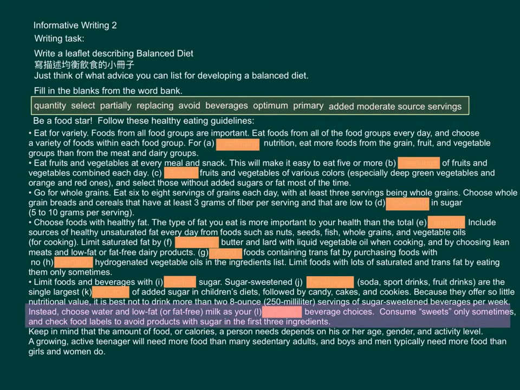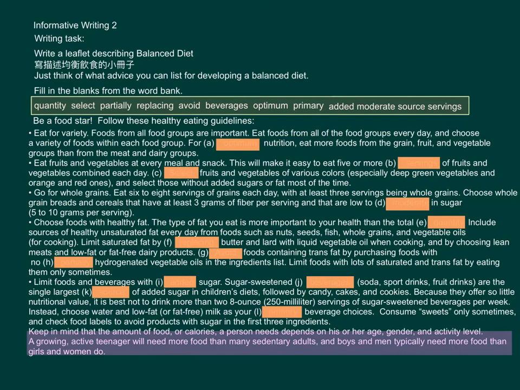Instead, choose water and low-fat or fat-free milk as your L beverage choices. Consume sweets only sometimes and check food labels to avoid products with sugar in the first 3 ingredients.